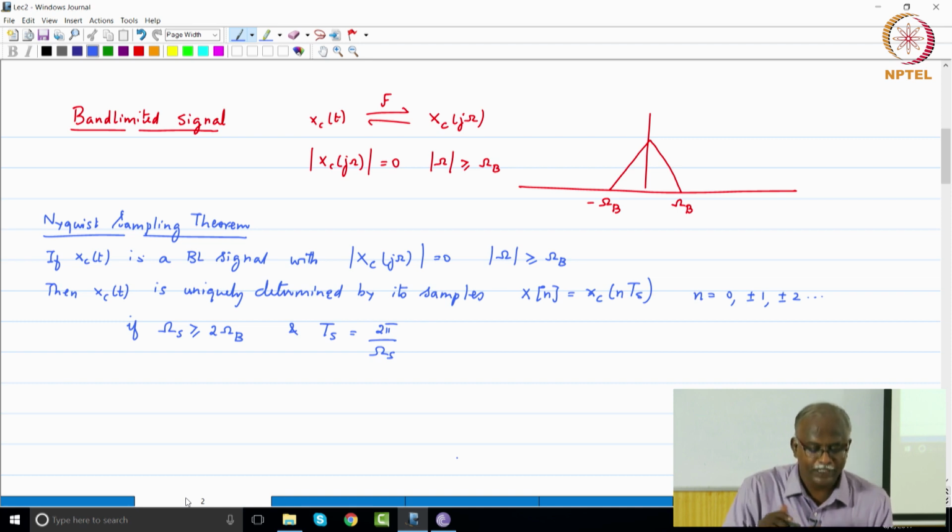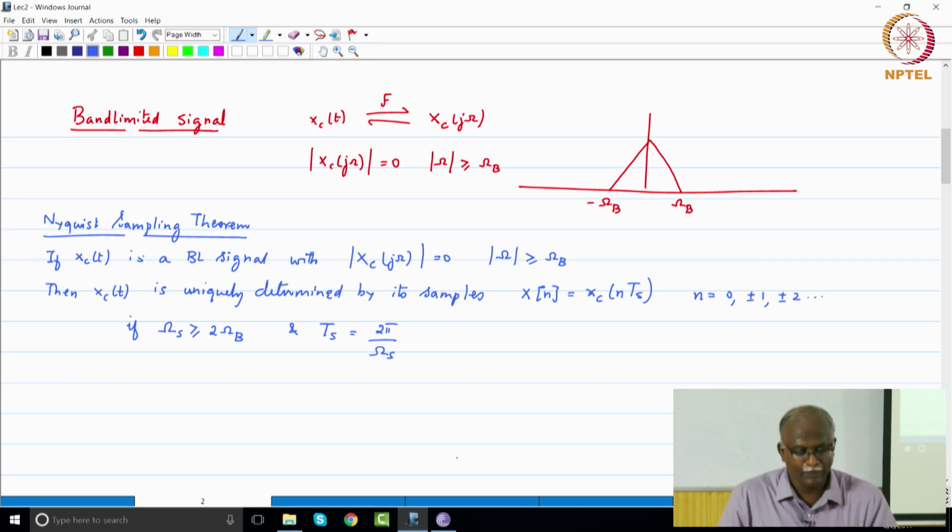By and large, when we say that we want to sample a signal, the underlying assumption is that the signal is band limited by its inherent property. Alternatively, I have to make it band limited. So, one or the other, either it is band limited or it has to be made band limited, then we apply the Nyquist theorem. Nyquist theorem says that the sampling rate must be greater than 2 times the bandwidth of the signal.